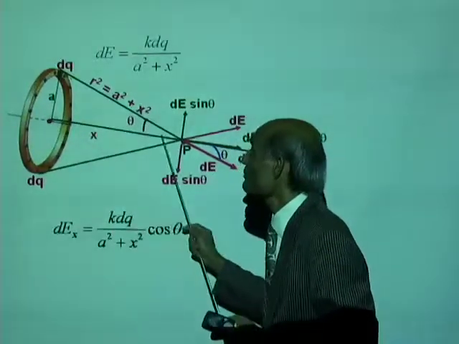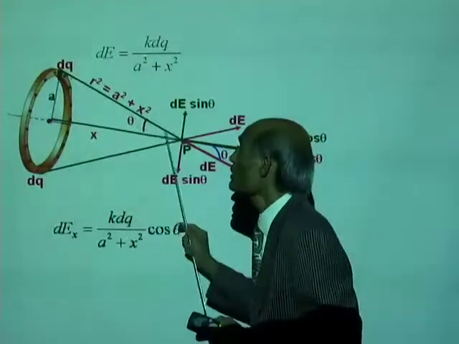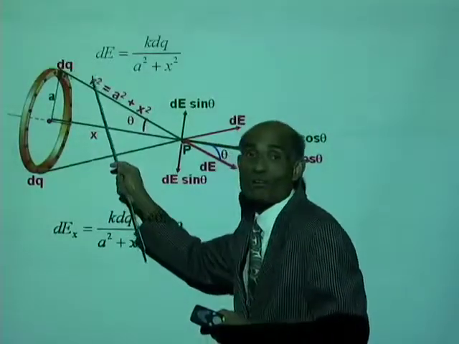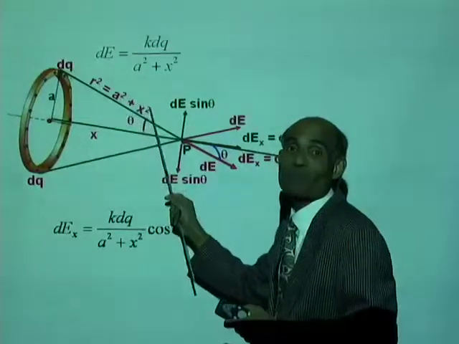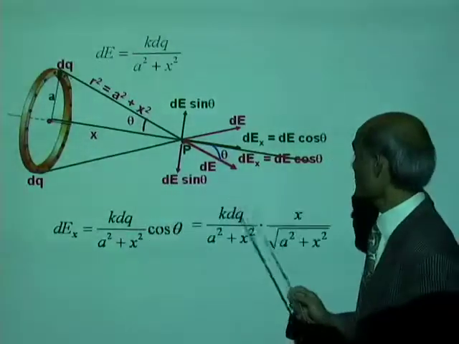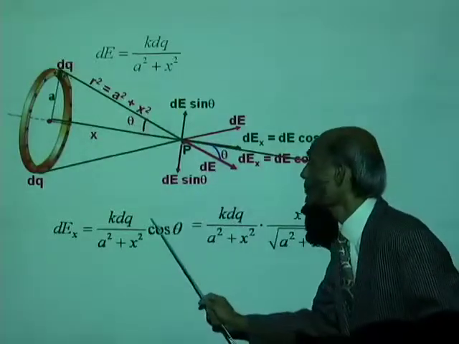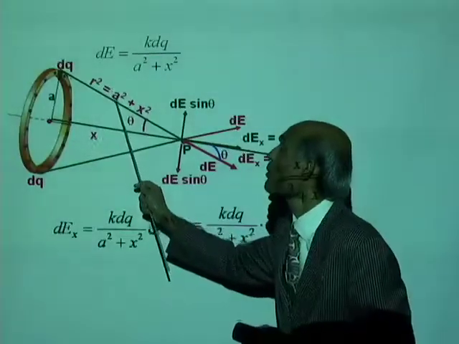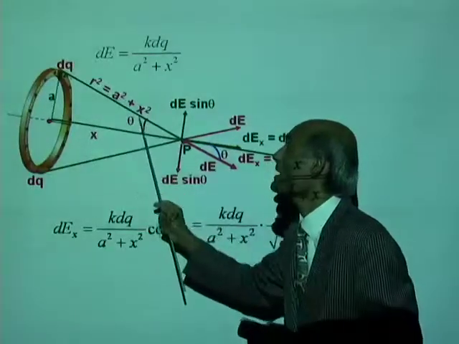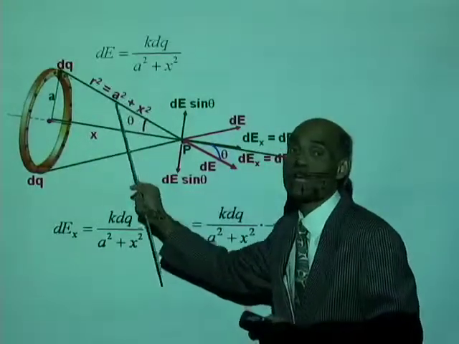Adjacent side is x. Hypotenuse is the square root of r squared, which is the square root of a squared plus x squared. So I'm going to write cos theta as x over the square root of a squared plus x squared. I hope you understand that.